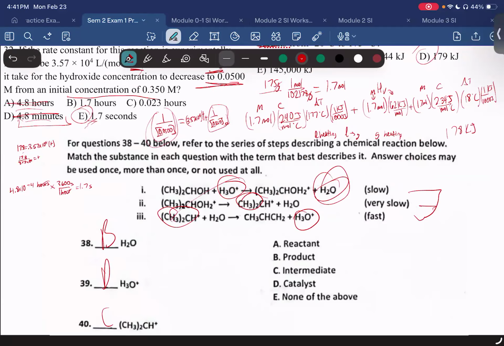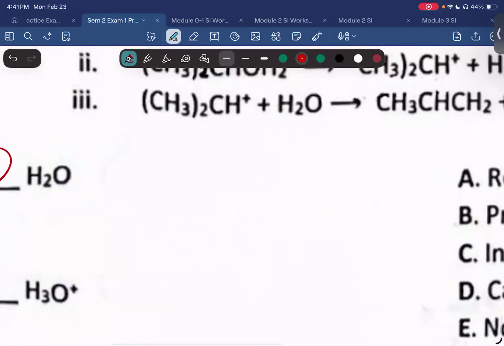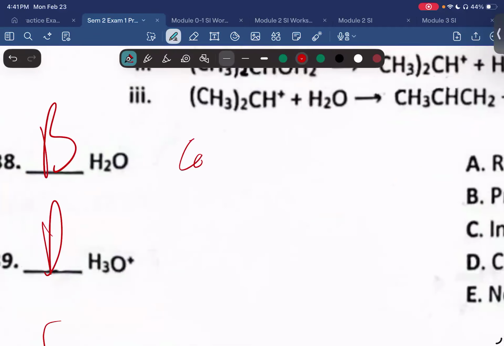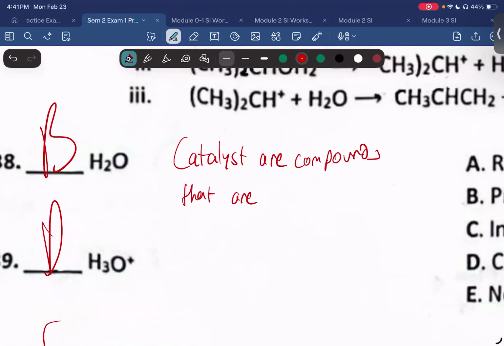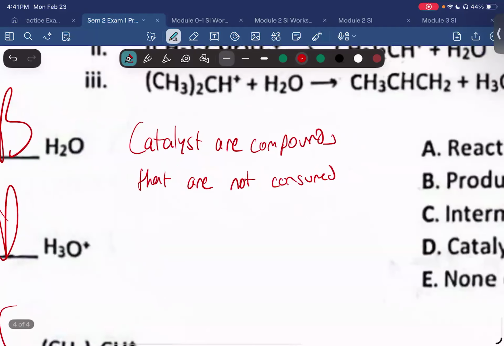Yeah, sure. So I'm going to just give this definition. Catalysts are compounds that are not consumed, that's what we learned in class.